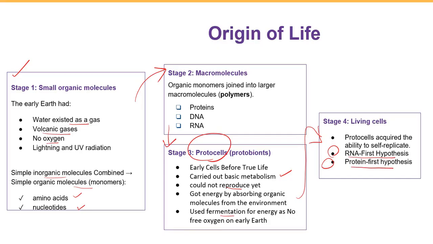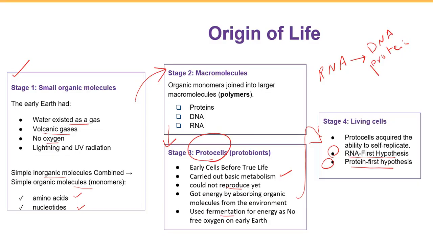The RNA first hypothesis suggests that RNA was the first genetic material. RNA can store information and could act like an enzyme. So early RNA molecules might have been able to copy themselves and later give rise to DNA and proteins. So it was first RNA, and then they could make DNA and also protein.